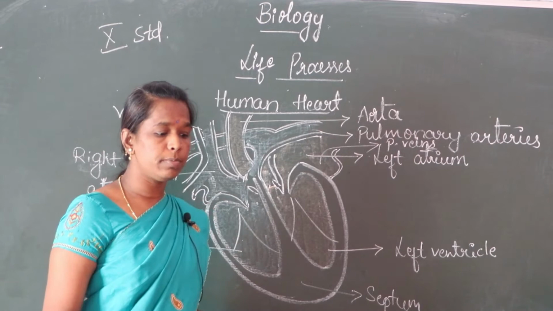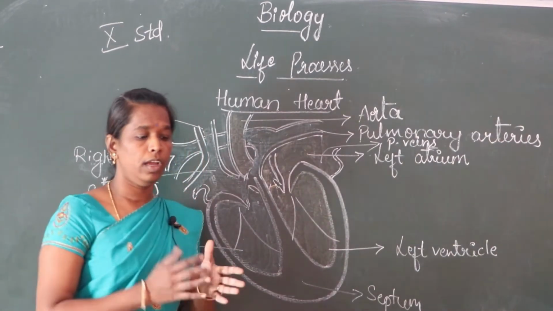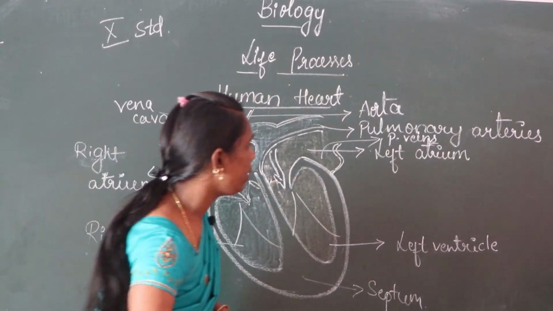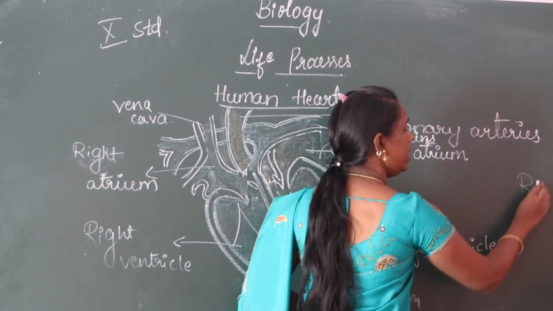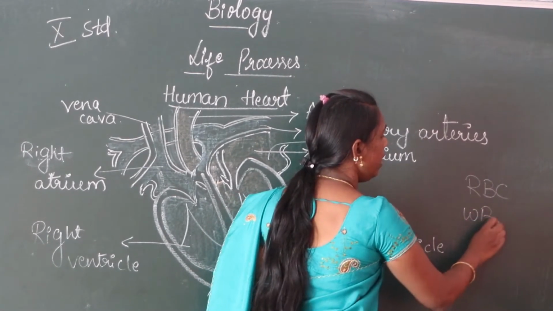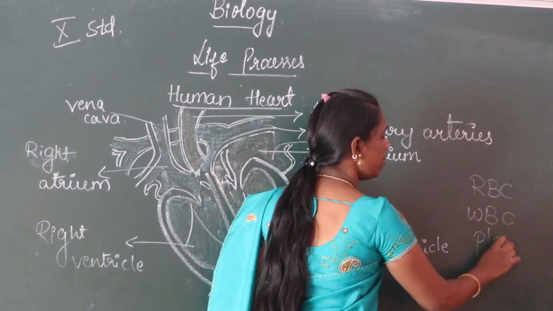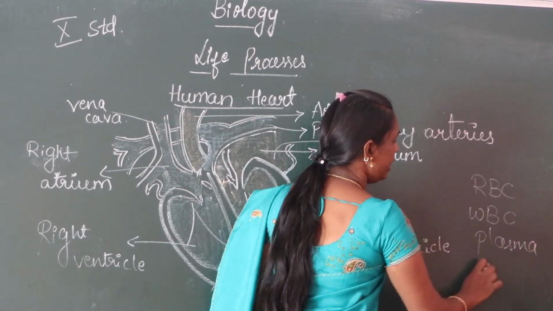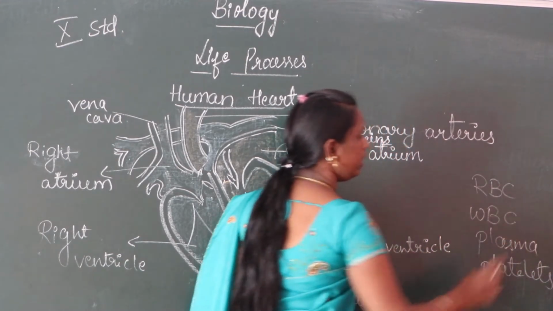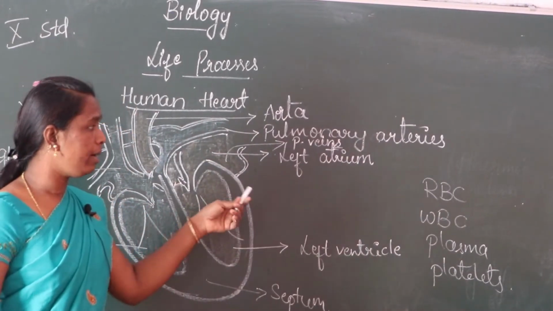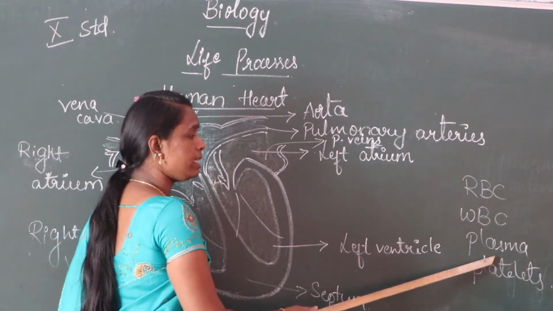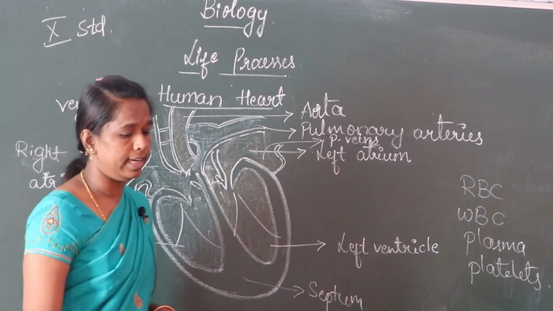Okay, the blood consists of RBC, red blood corpuscles, WBC, white blood corpuscles, plasma, and also platelets.